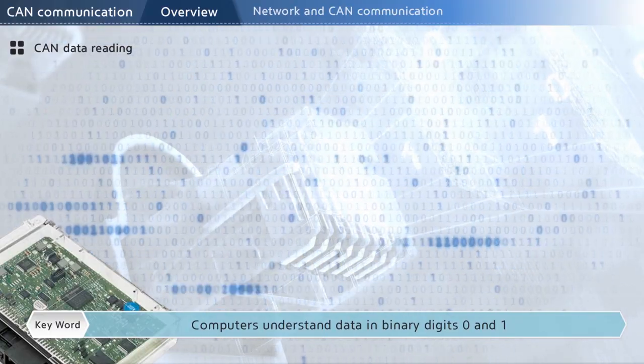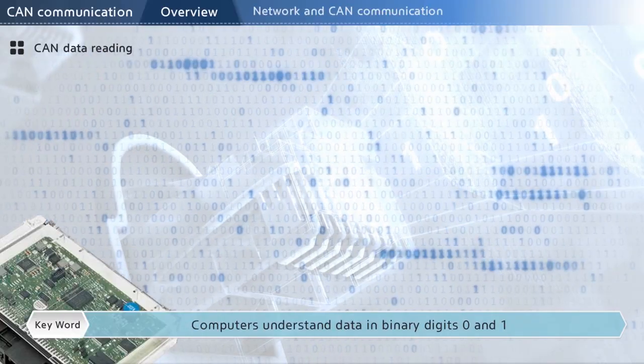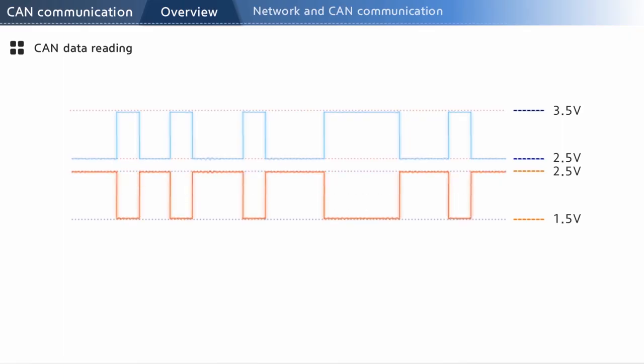Let's go over the binary numeral system that uses voltage signals. Look at the high signal going up to 3.5 volt, and the low signal going down to 1.5 volt. There are parts where both high and low lines are at 2.5 volt. There is no voltage difference.